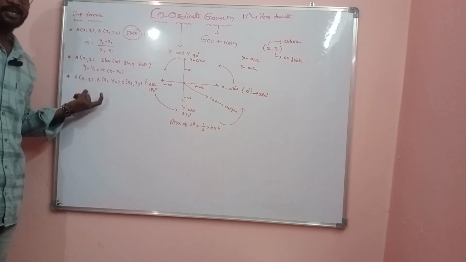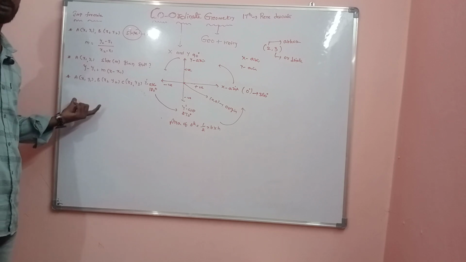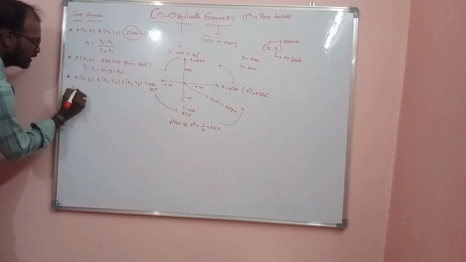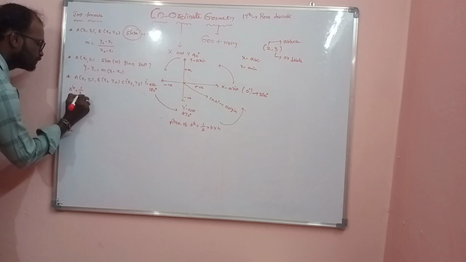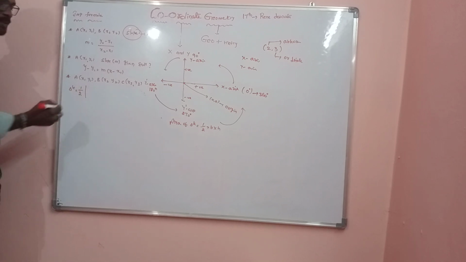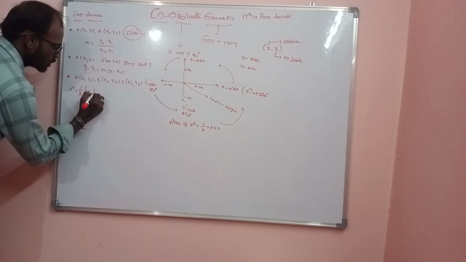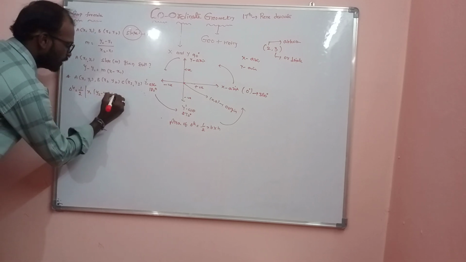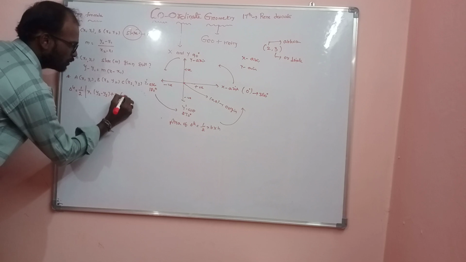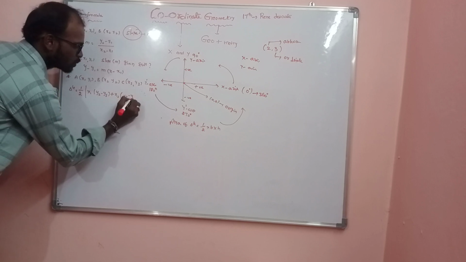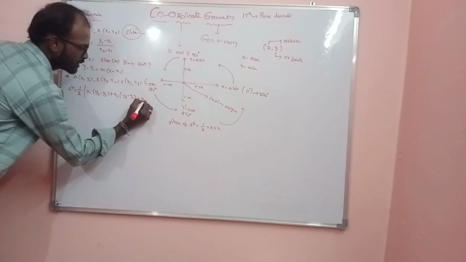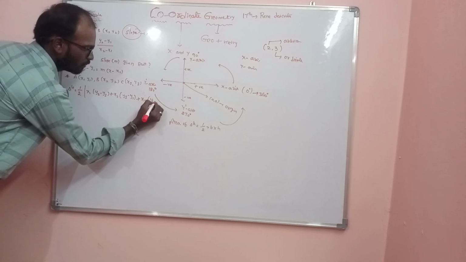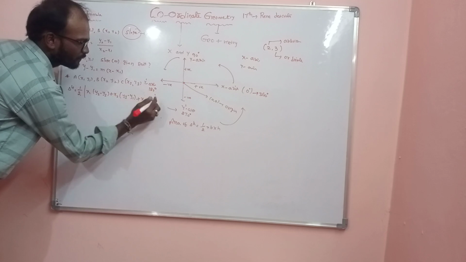Here three points are given, so we can use the formula: area of triangle = 1/2 |x1(y2 - y3) + x2(y3 - y1) + x3(y1 - y2)|.